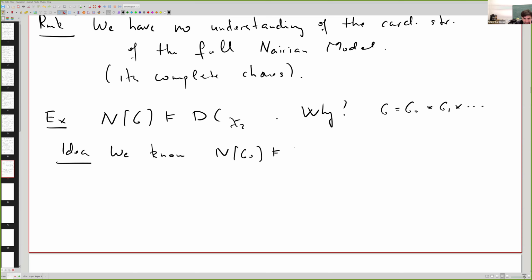This satisfies DC Aleph 2 for relations on R. I mean, this is kind of true because we know the reals are well-ordered.